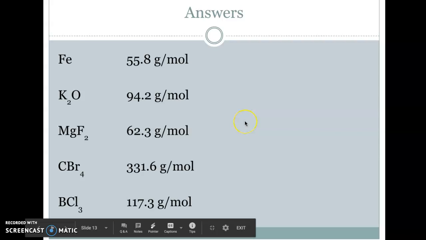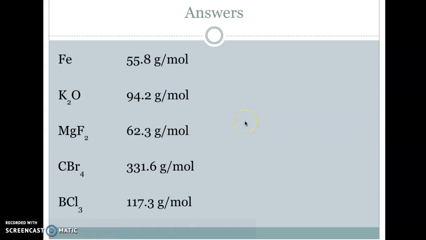All right, there's all the answers for those. Again, you can just take the masses from the periodic table, round it off to a tenth, and then we add all those together. All right, so that's the first part of the section 10.1 notes.